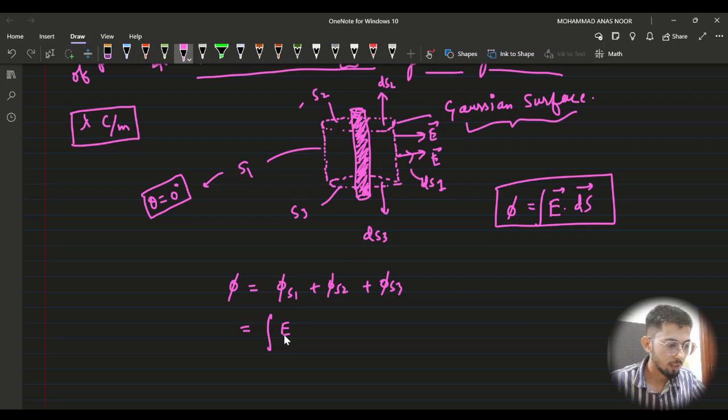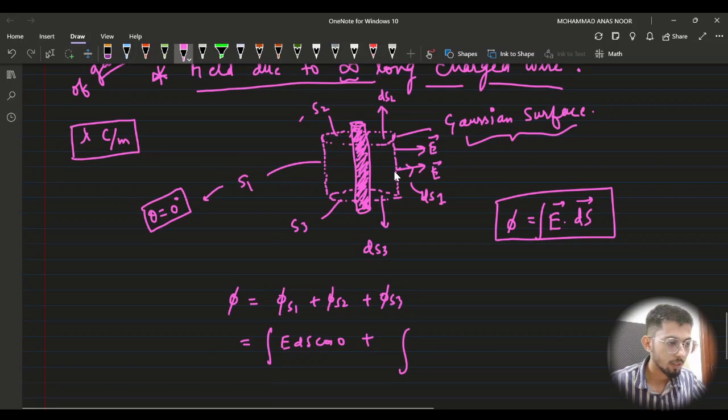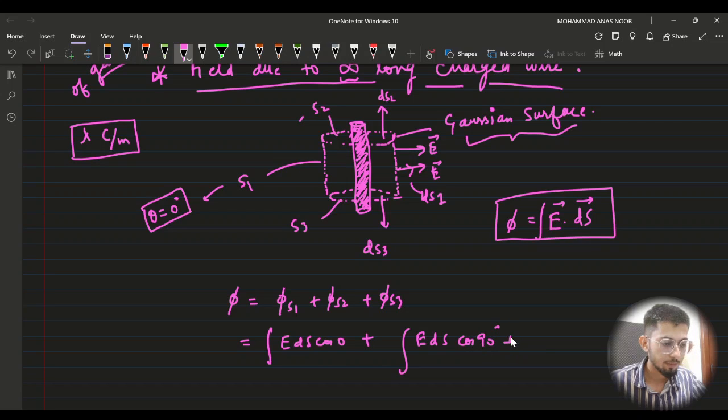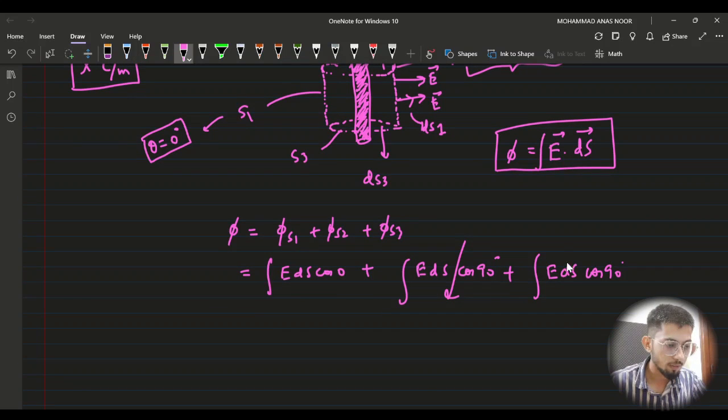So E ds cos 0, plus flux due to S2. For this, E ds cos 90, plus flux due to 3, E ds cos 90 again. Now these will vanish straight away because cos 90 is 0, right? Only this one remains.